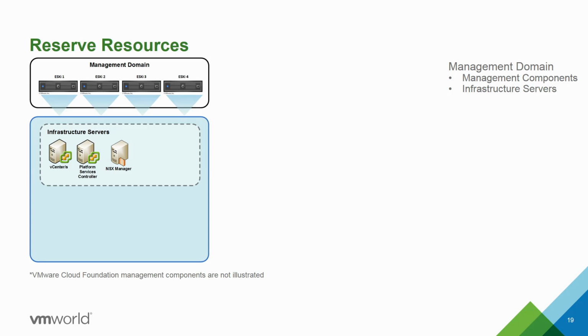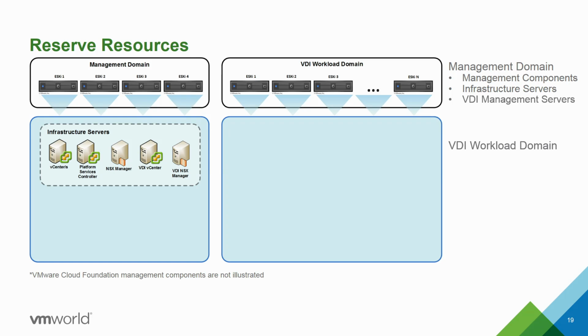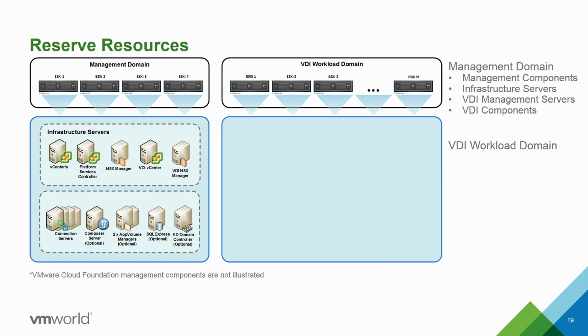the reserve resources option. Again, we'll have our management domain. We'll spin up a VDI workload domain, which will vary in size. We'll install and configure all of the Horizon components that you select as part of the wizard, and at this point the workflow is complete. You will then log into Horizon Administrator and vCenter, upload your golden images, and create your desktop pools as you would in a standard Horizon environment.